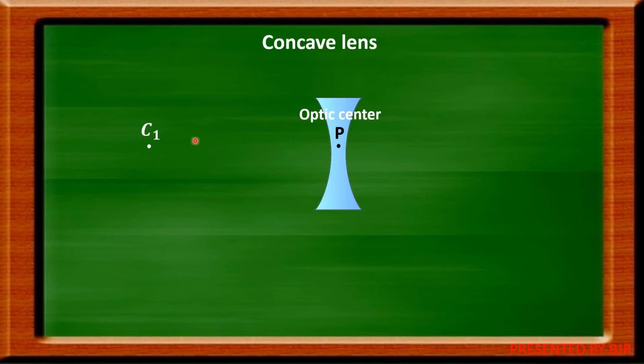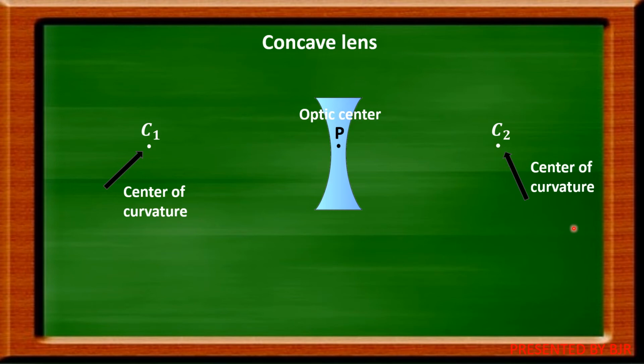That's why I am taking the first center of curvature as C1, and here is the center of curvature of the second surface, this surface. That's why it is called C2.